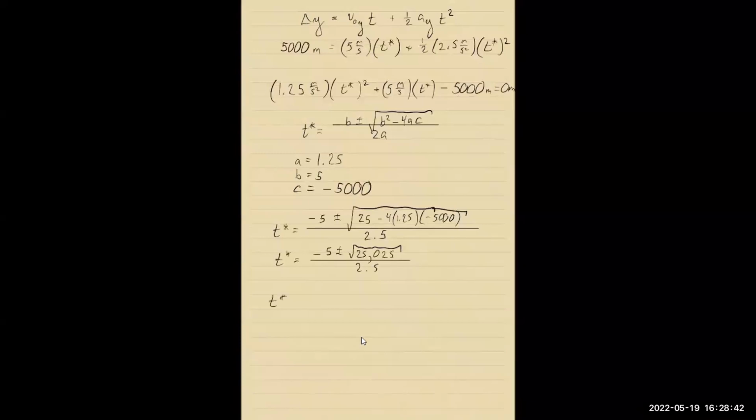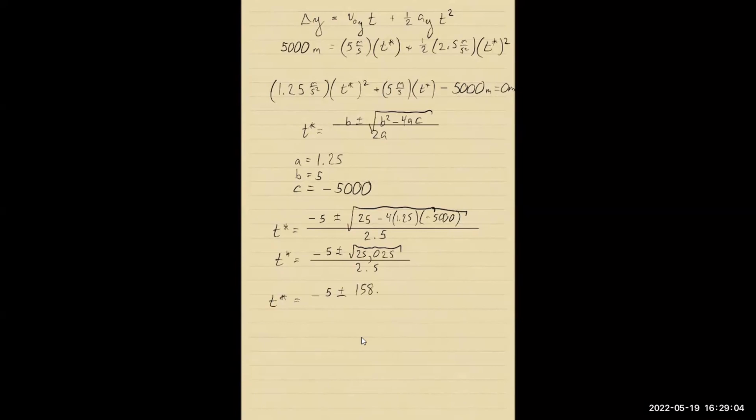So we have t star is equal to minus 5 plus or minus, that all square rooted is about 158.2, all divided by 2.5.